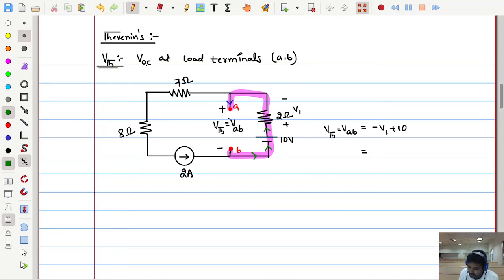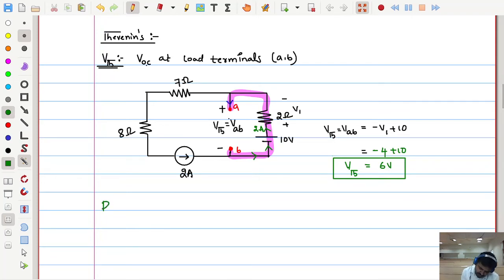Then what will be the current through this 2 ohms? 2 amperes. Once we know the current through the resistor, can we find the voltage? Easily we can find. So 2 into 2 is equal to 4 plus 10, which is equal to 6 volts. So VTH I found as 6 volts. This is step 1.